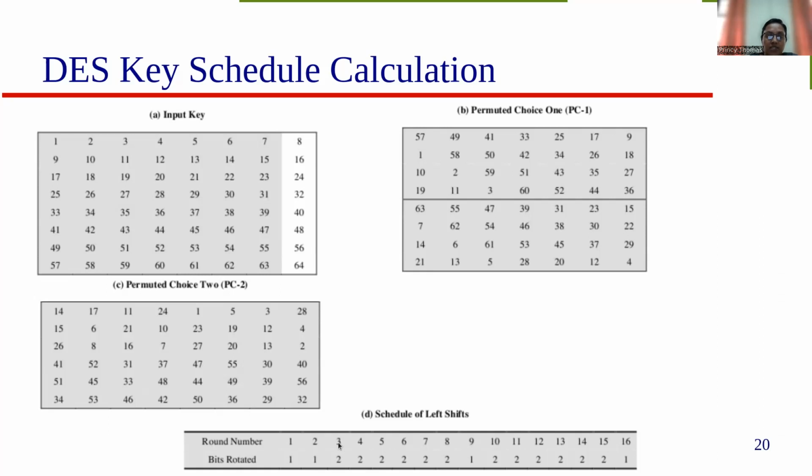In the case of rounds 3, 4, 5, 6, 7, 8, it is shifted twice. You should learn this by heart. So in each round, there is a difference in whether the left shifting is done once or twice. And that shifted value is then permuted using the PC2 permutation choice 2 table.